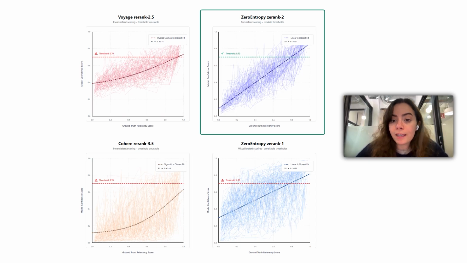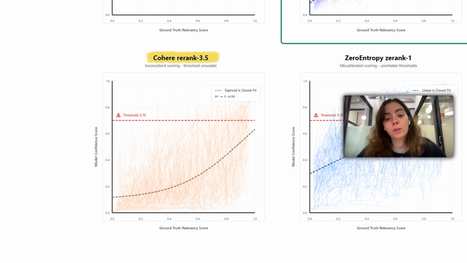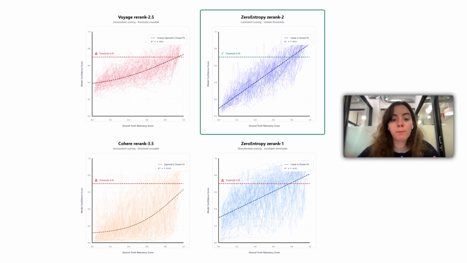Ideally, you would want a linear correlation between the ground truth and what your re-ranker is actually outputting. The problem is that for most re-rankers out there, that's not the case. For Voyage and Cohere, either an inverse sigmoid or a sigmoid is the closest fit, and you can see there's a very wide margin in the score setting.